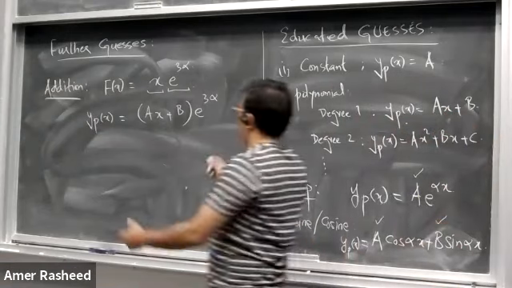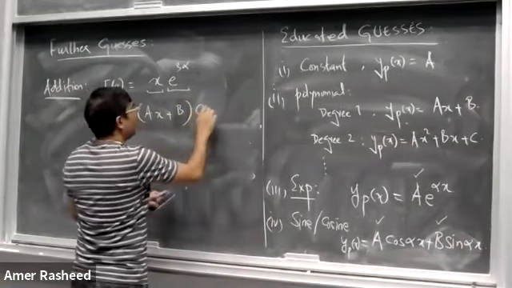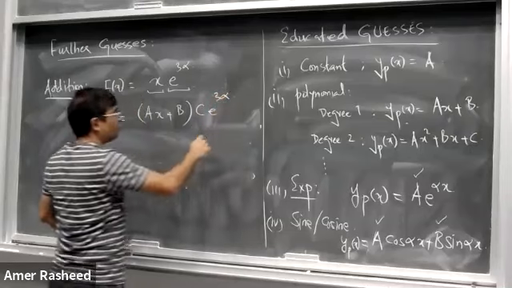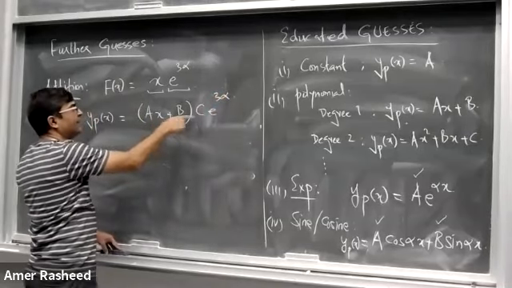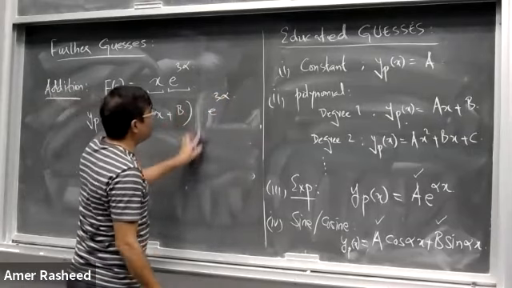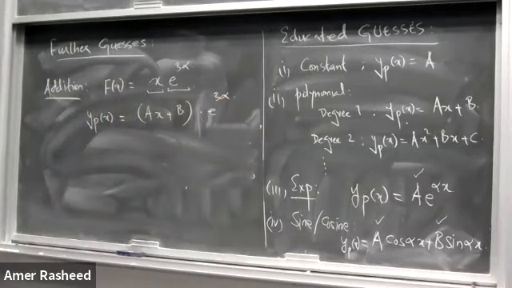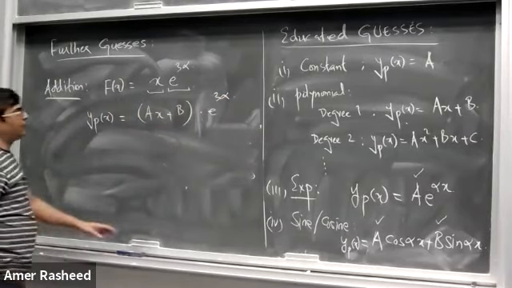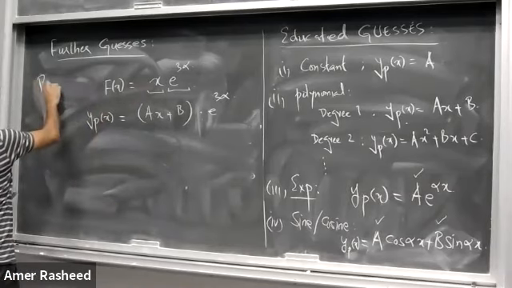For example, if we write c e raised to the power 3x as well, the constant should be different. The c will be multiplied here and here. AC and BC will be new constants. So we do not need to write a constant here. Okay. Now, sorry, it's a product, not addition. Product of these functions.